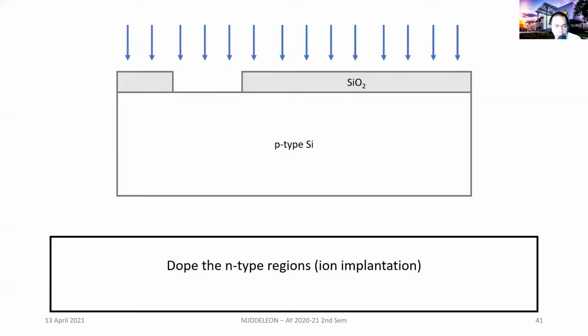So we dope the N-type region. Kunwari ions to. Makuha natin yung N-type region. So yung ions na ginamit natin dito, since N-type siya, phosphorus. So I think usually PCl5. Yeah, PCl5 phosphorus gas, yung usually source ng phosphorus.